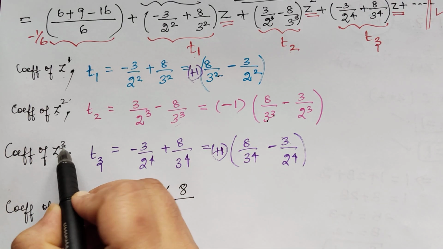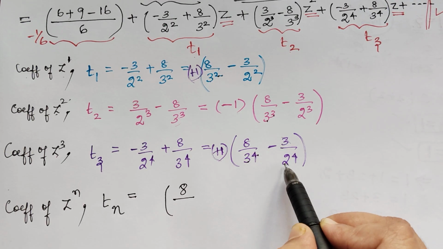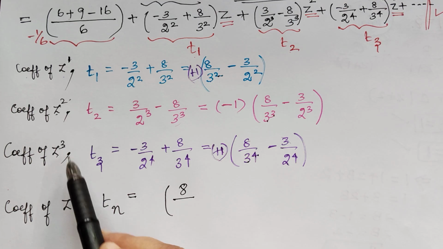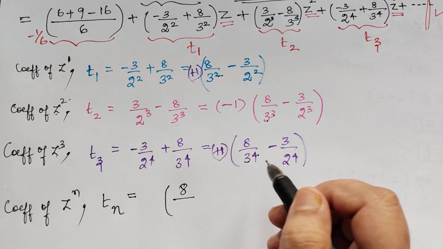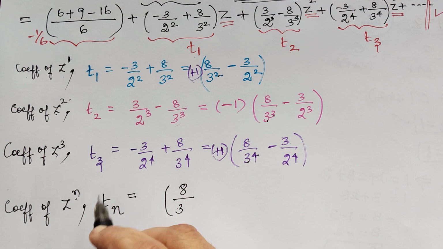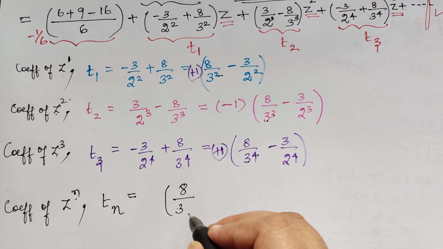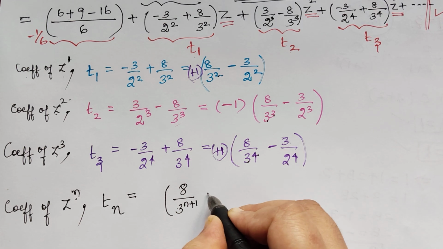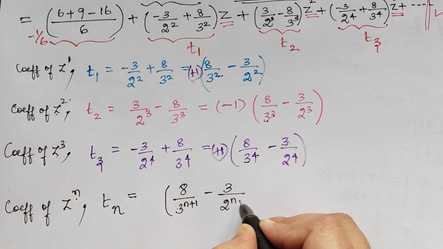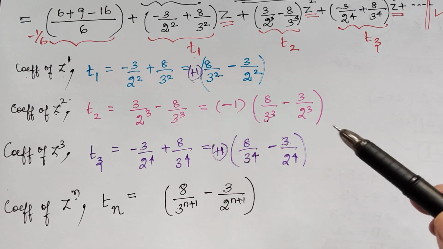And when z power 3, it is 3 power 4. So the power of 3 and 2 is raised by 1 more than this. So if you have z power n, it will be 3 raised to the power n plus 1, minus 3 divided by 2 to the power n plus 1. So this is the generalization of the terms inside the bracket.